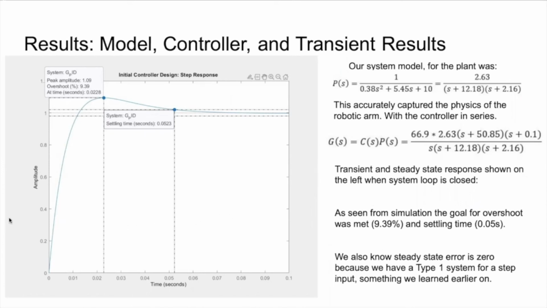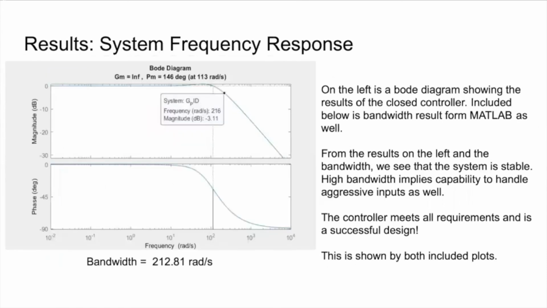That gives us the response on the left here, confirming the results of what our overshoot percentage and settling time were before. From previous knowledge, we can also see that G of S up here is a type 1 system, and for a step input, any type 1 system will have 0 steady state error. So this will meet all of the requirements that the customer gives us.